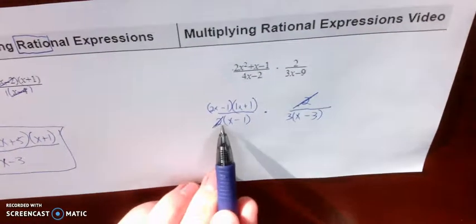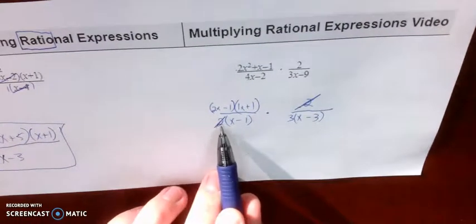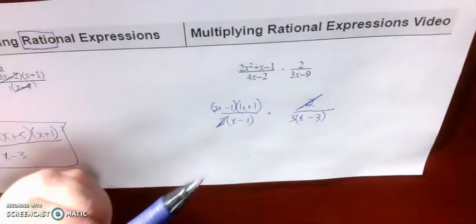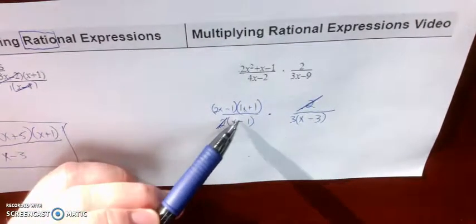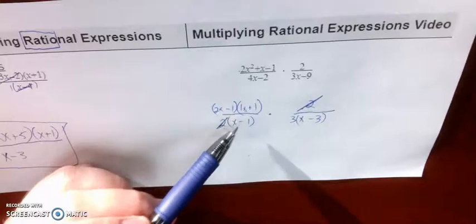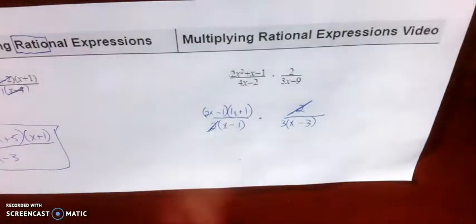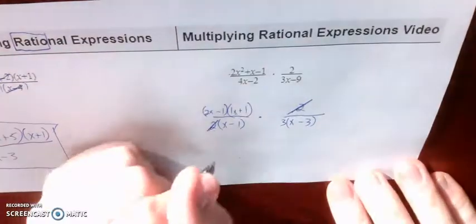Since this is connected with multiplication, that is considered a factor, not an individual term, so that's totally legal. And I'd love to be able to cancel these guys out. Unfortunately, they don't match exactly, right? Because that's a plus and that's a minus. So an x plus 1 is not the same as an x minus 1, so that's a total bummer. So that's about as much as I can do.